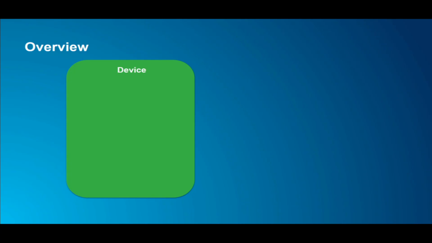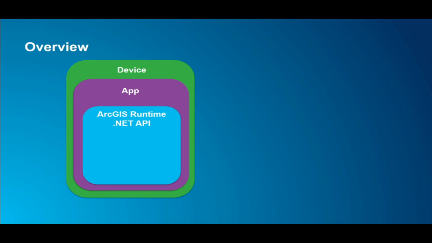So an overview then. The ArcGIS Runtime SDK for .NET is all about building native apps for Windows, native apps for Android, native apps for iOS, apps that run on your device. You build the app working with our ArcGIS Runtime .NET API. I talked about the new architecture of the ArcGIS Runtime 100, and it really focuses on that ArcGIS Runtime core that's available to you through the .NET API.